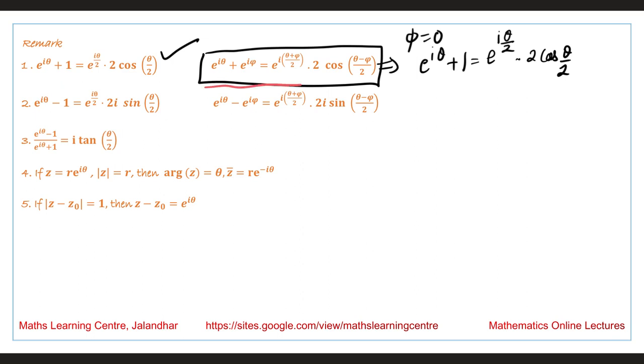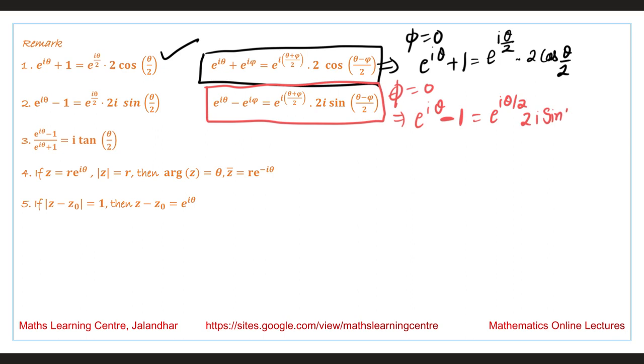In the second result, if we substitute phi is equal to 0, this implies that e raised to the power iota theta minus 1 is equal to e raised to the power iota theta by 2 into 2 iota sin theta by 2. Now if we divide these two equations, we get e raised to the power iota theta minus 1 over e raised to the power iota theta plus 1.